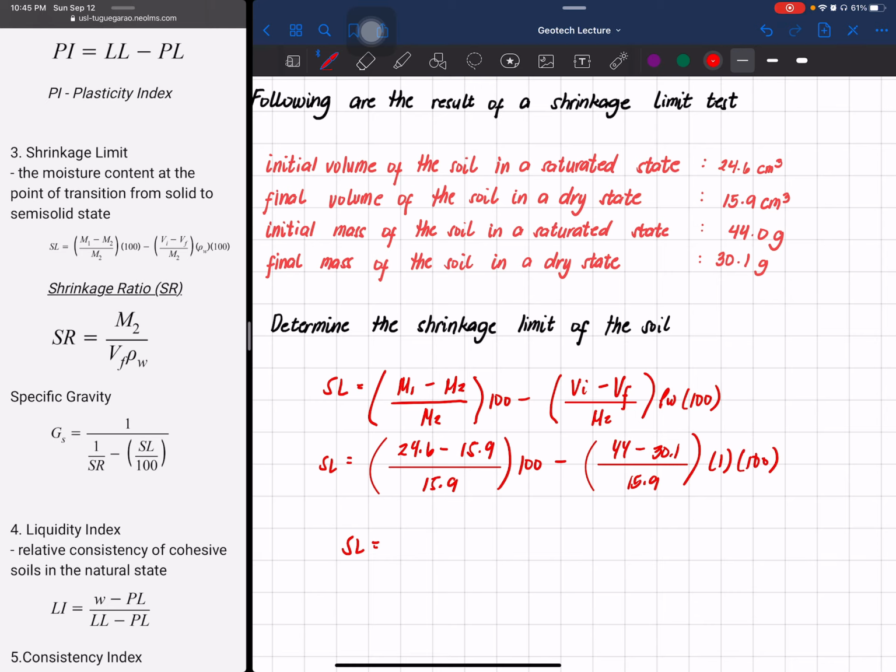Okay, wait. Tama ba? Okay. Nag-negative siya sa akin. Why is it negative? Wait. Nag-negative yung shrinkage limit sa akin. So, wait lang. Let me just, ulitin ko lang.